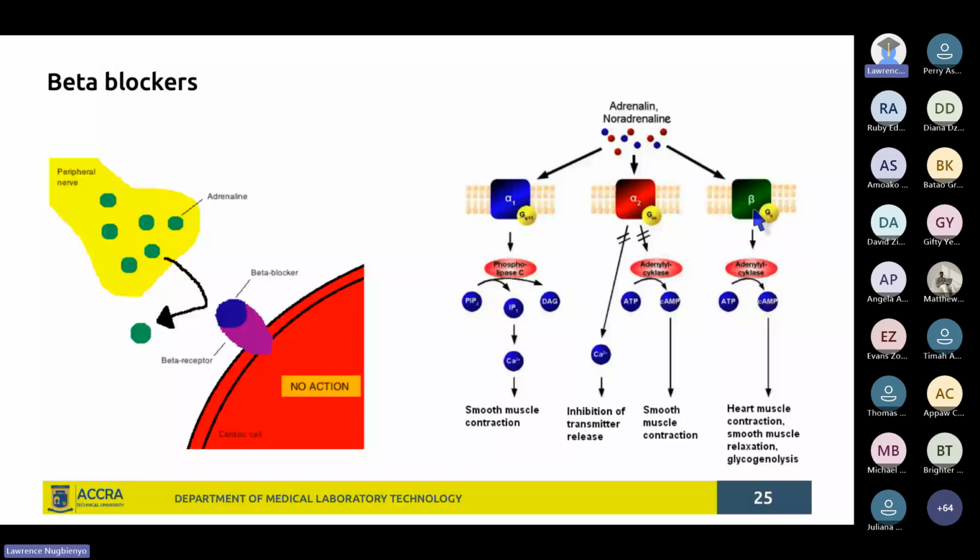The beta receptor is embedded in the membrane of the cardiac cell, but you have beta blockers that, when they bind onto this beta receptor, prevent stimulation from, let's say, adrenaline on the beta receptor. And so there will be no action in the cardiac cell.